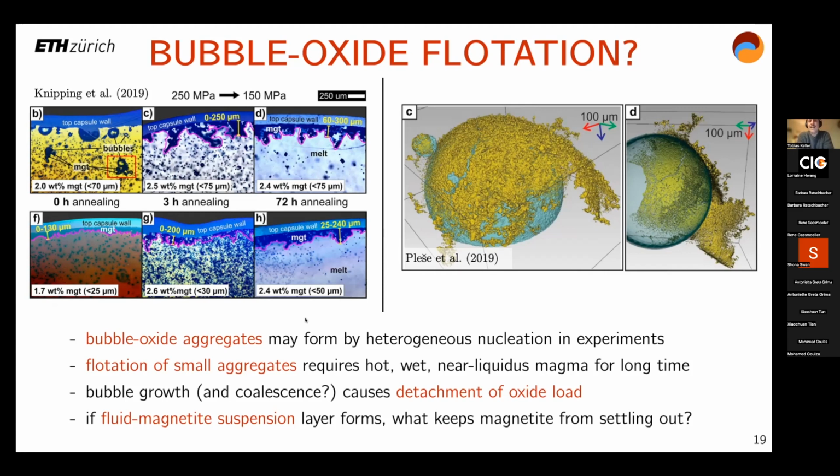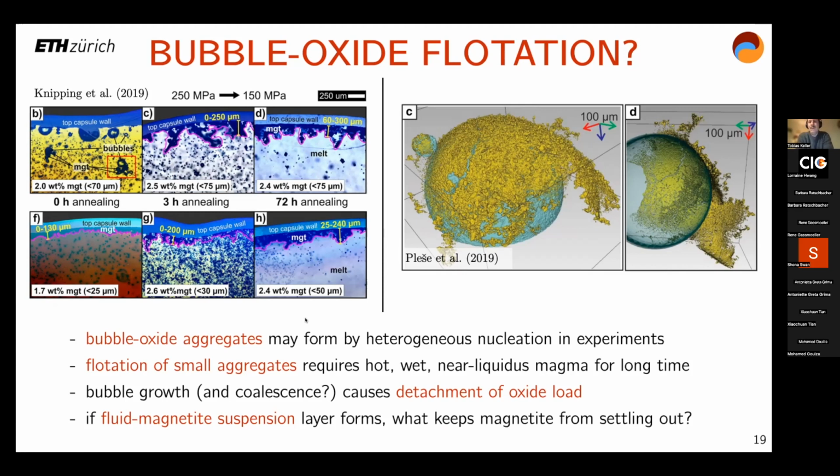And they showed that it's actually quite a slow process, which requires hot, wet, and near liquidus magma to be resident in the magma reservoir for quite a long time. And we're talking about upwards of 10,000 years, which is of the same time scale as the conductive cooling of a magma body of a typical size.